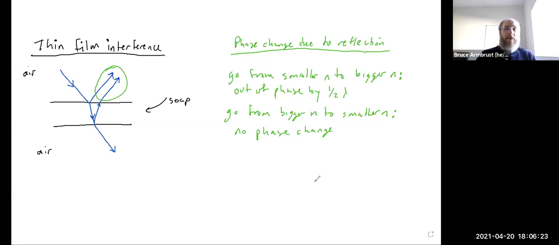Think about what we've got going on here with this air to soap to air. I don't know what soap's n value is, but I know it's going to be bigger than air, right? The light's not going to pass through it as quick as it would through air. So that means on this first reflection right here, we're going from smaller to bigger, so there's going to be the λ/2 change.